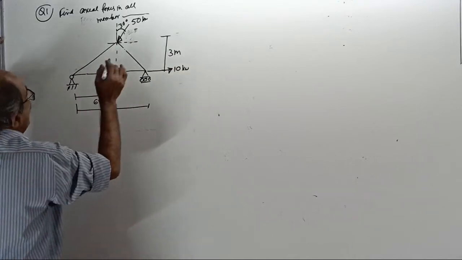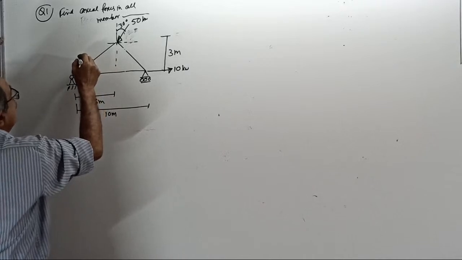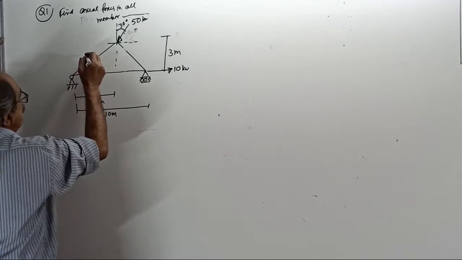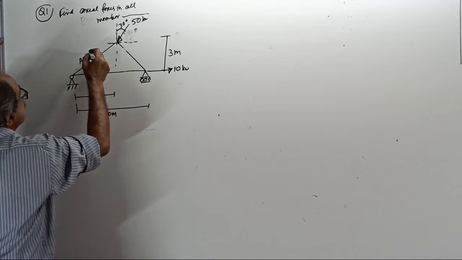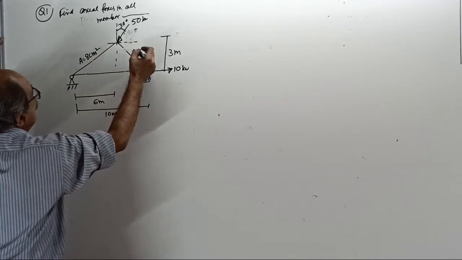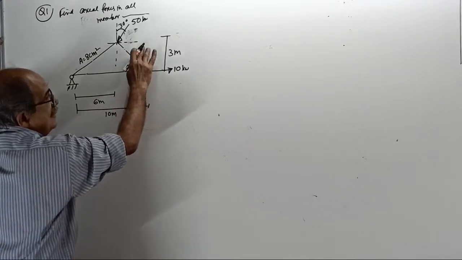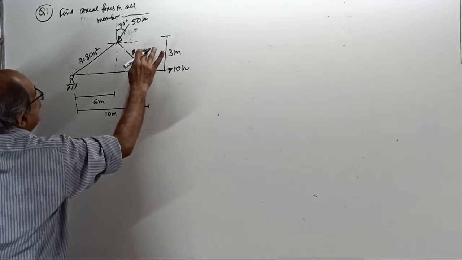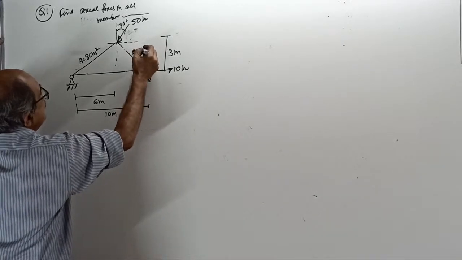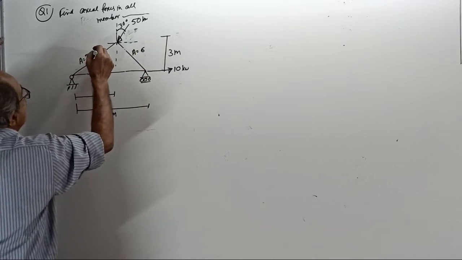This is the question, and in the question I will give for this member area equal to 8 centimeter square. For this member area equal to 10 centimeter square, on the AE by L. For this member area is 6, okay, I will put 20 centimeter square.